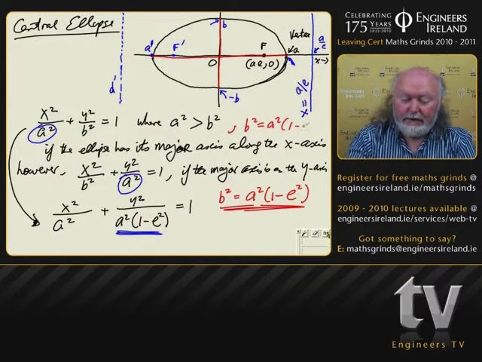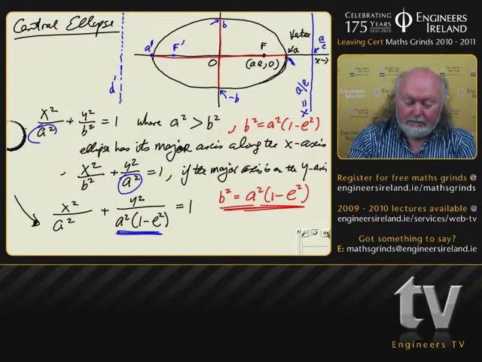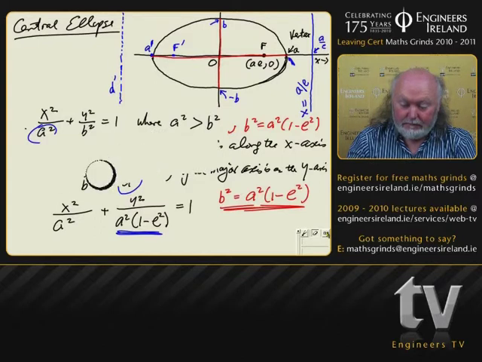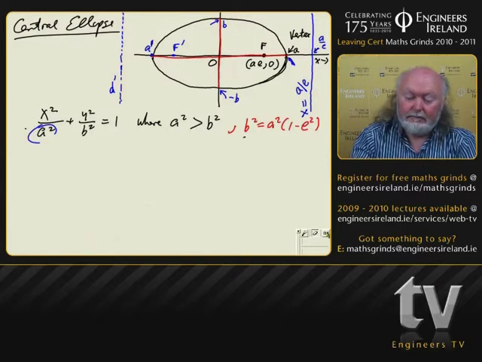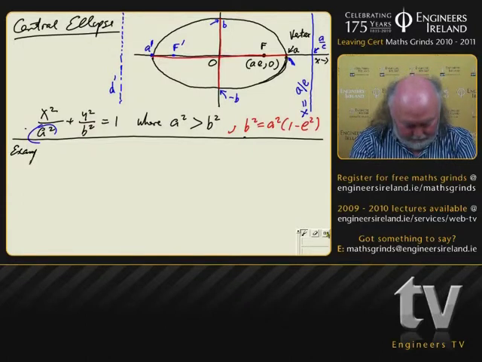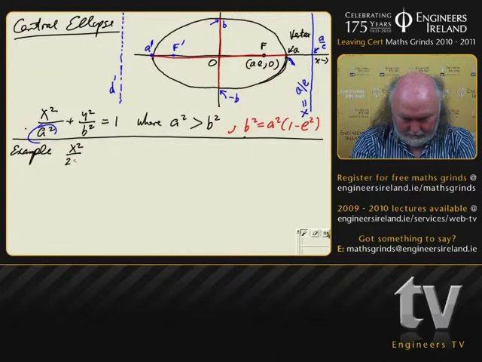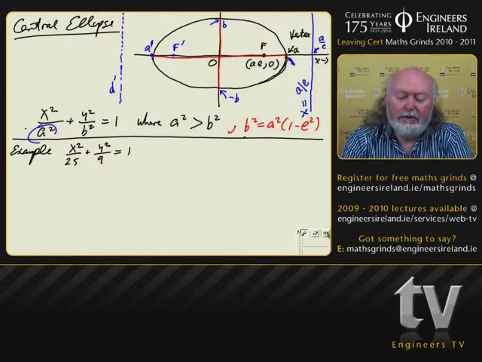I've just rewritten this so I can clear the lower half here. X squared over 25 plus y squared over 9 equals 1.